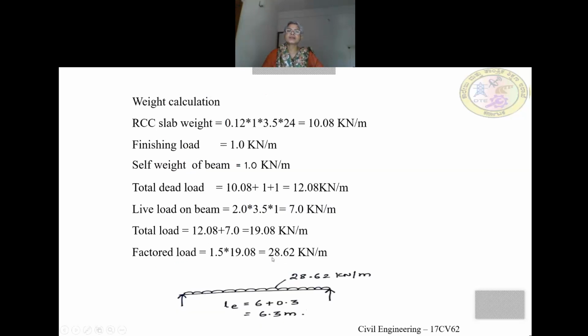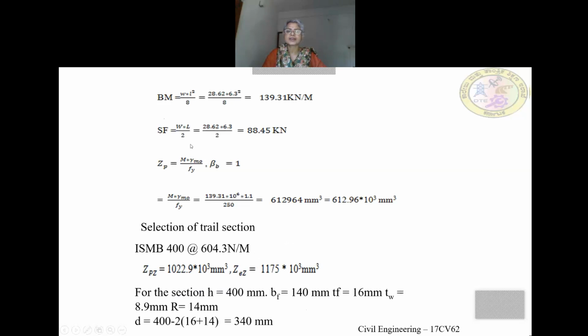First we have calculated the load. The second step is to calculate the bending moment and shear force. We know the maximum bending moment in a simply supported beam with UDL is WL square by 8. W we have calculated, this is a factored load, 28.62 into span 6.3 square divided by 8.